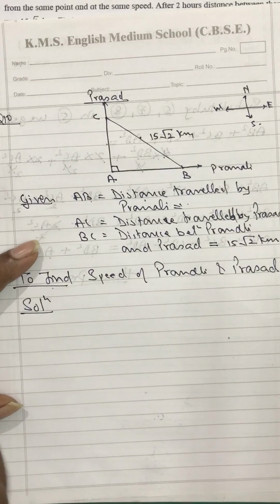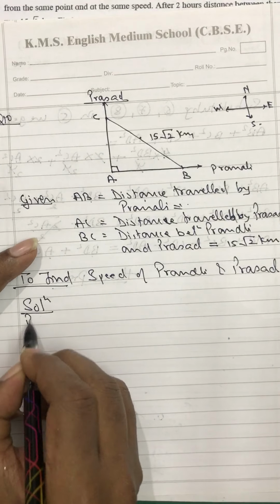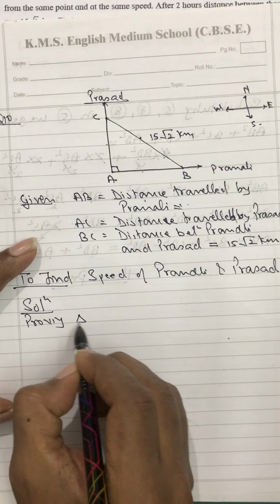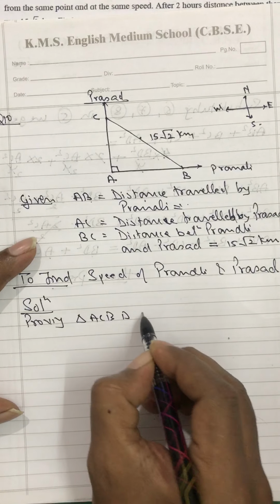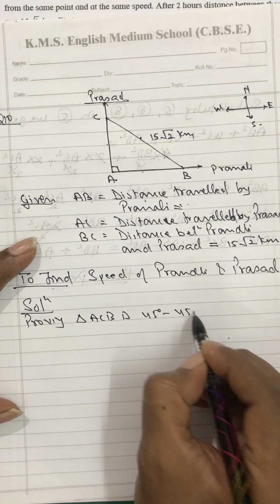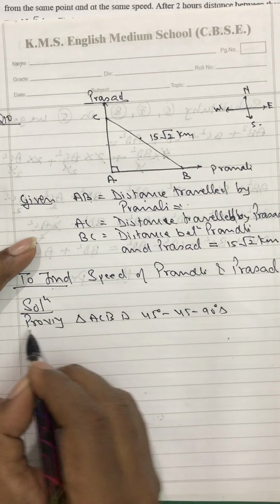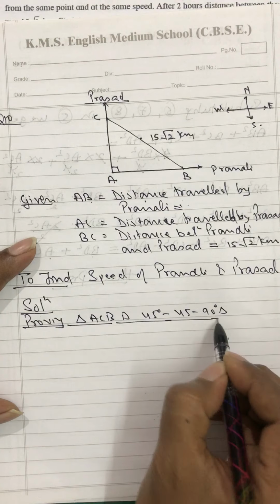The bigger question, we had better write the direction in which we are going. Proving triangle ACB is a 45, 45, 90 degree triangle. This is your aim.